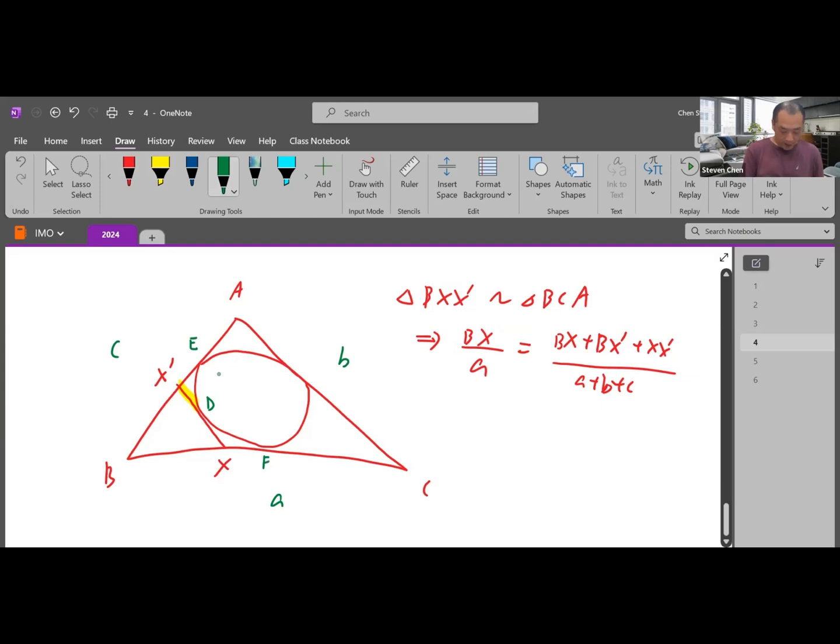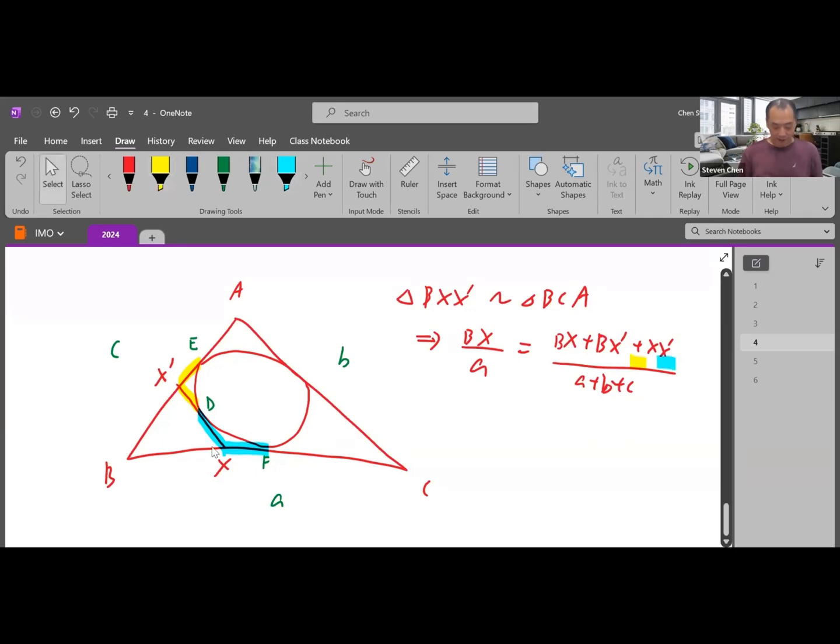Okay. So we know X prime X and X prime A are both tangent to the circle. So we know that X prime D is equal to X prime F, so the two yellow lines are congruent. And analogously, we have that DX is equal to XE, because both of these two blue lines are tangent to the incircle, right? So how do we compute X prime X?